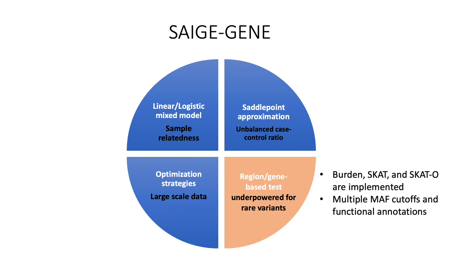We then extended SAIGE for region or gene-based tests for rare variants. We implemented different set-based association tests, including burden, SKAT, and SKAT-O. And SAIGE also allows for incorporation of multiple minor allele frequency cutoffs and functional annotations.